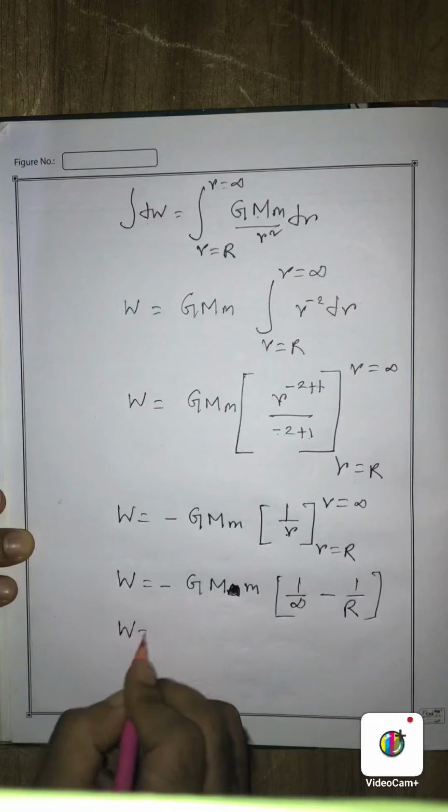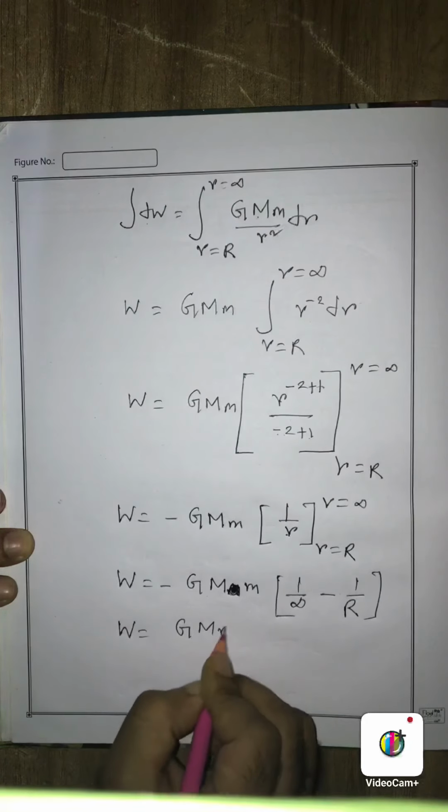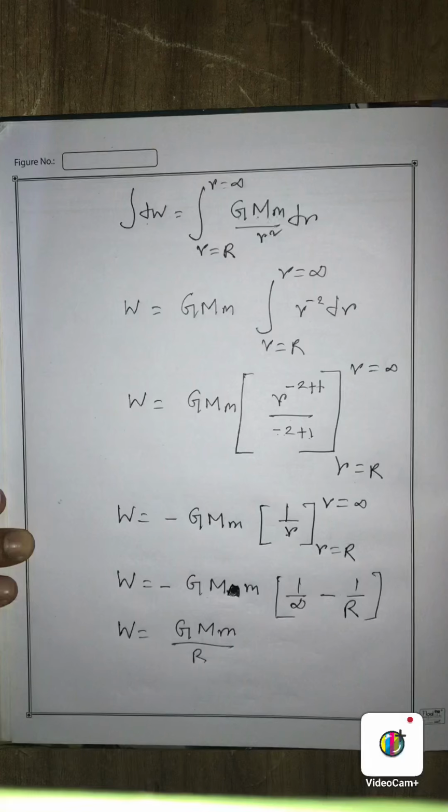So W equals G capital M small m divided by R. So this is the work done.